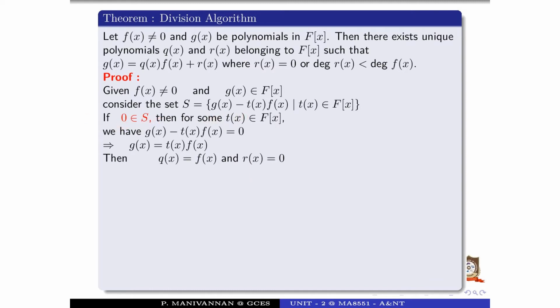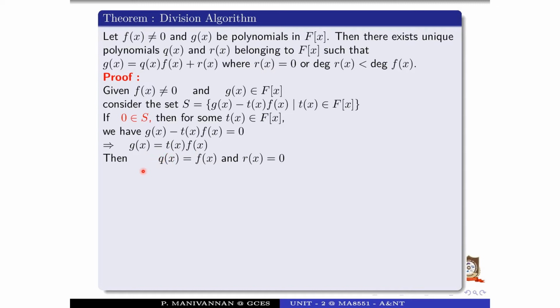If 0 belongs to S, then what is the meaning? Then for some t of x belonging to F of x, this value is 0. So g of x minus t of x into f of x is equal to 0, which implies g of x equals t of x into f of x.